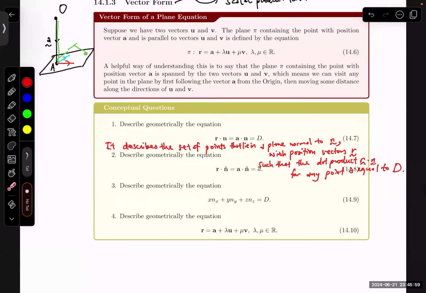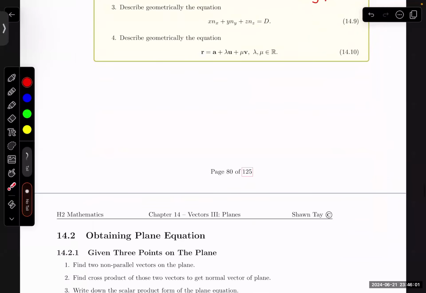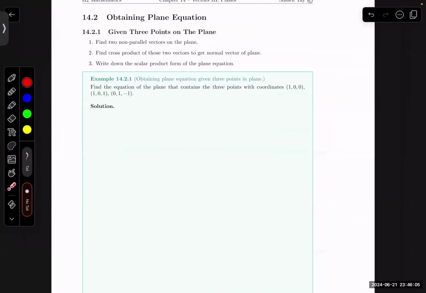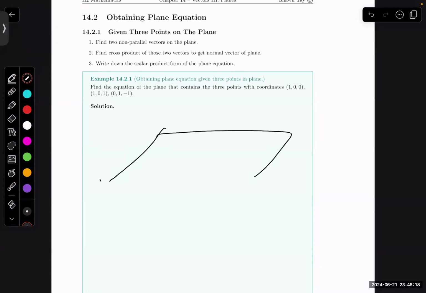Right, let's move on. Obtaining the plane equation, this one I will skip through. All the instructions are here. To get the equation of the plane with 3 points, say A, B, C, I'll just draw a picture.